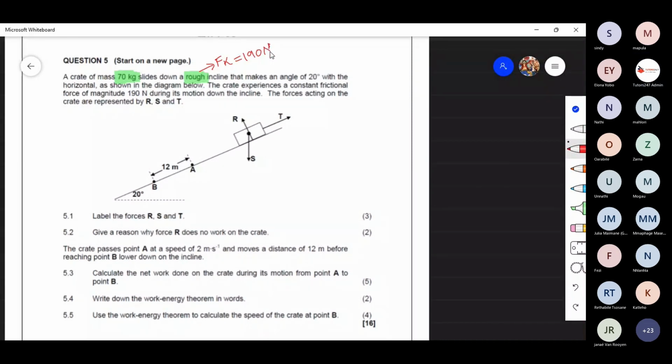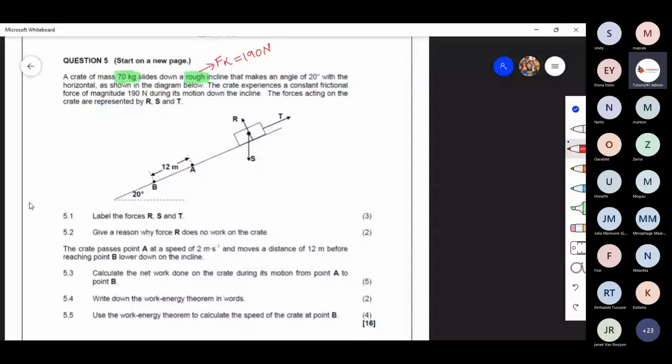Let's see. The forces acting on the crate are represented by R, S, and T. So we use S and T to represent the forces that are acting on this object, okay? They haven't really told us what they are, but if you have a look at the diagram, you can already see what they are.